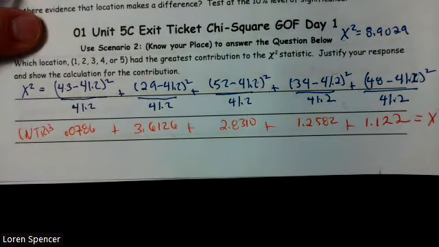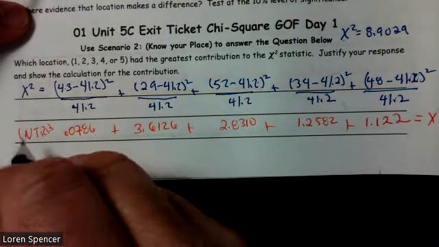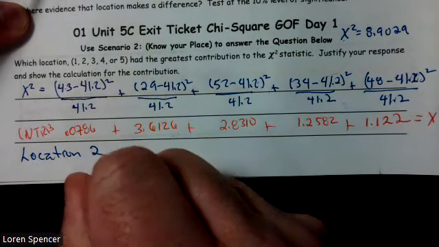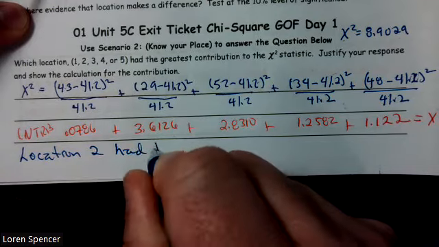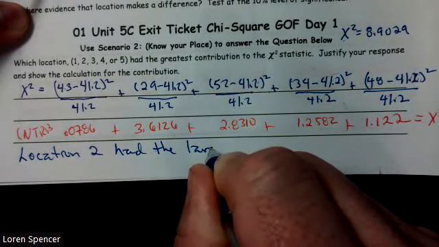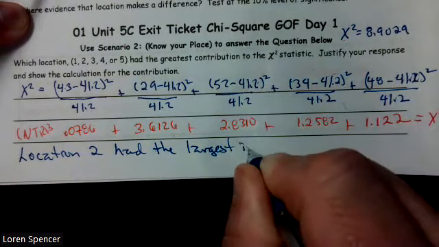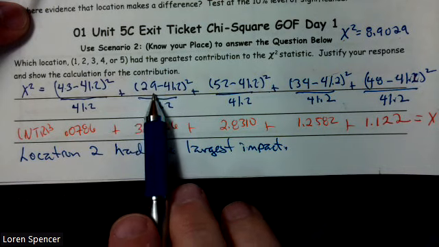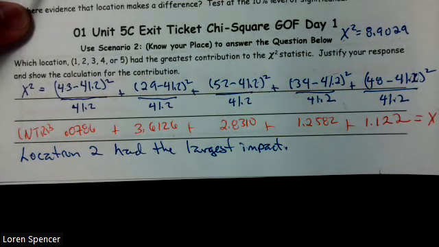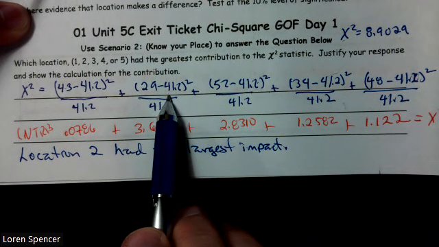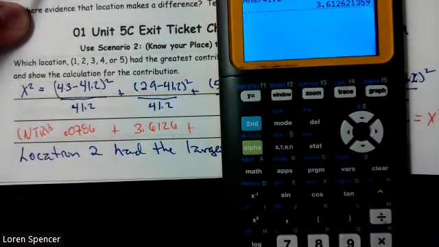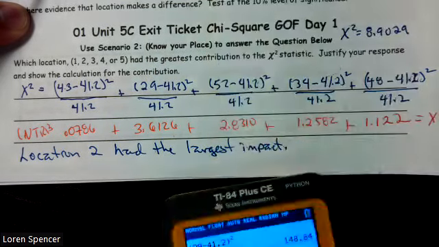All right, that's where that comes from. We need to answer the question, and the question is: location 2 had the largest impact. Why? Because it differed the most. This went 29 minus 41.2, so it had the biggest difference. This is the next biggest, so let's take a look. 29 minus 41.2 differed by 12.2.